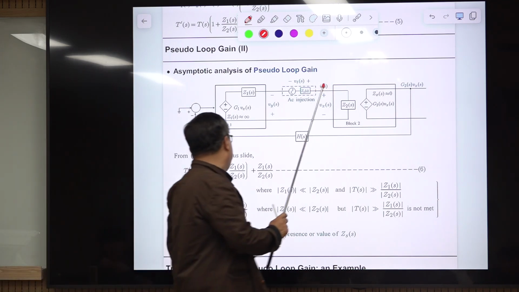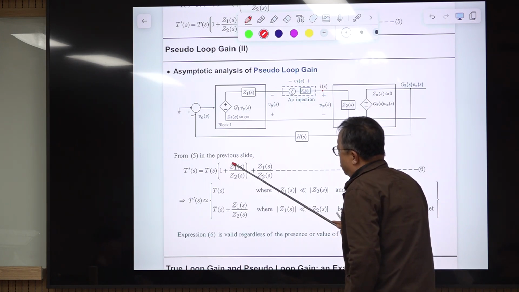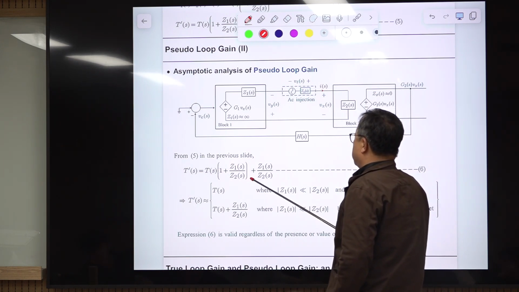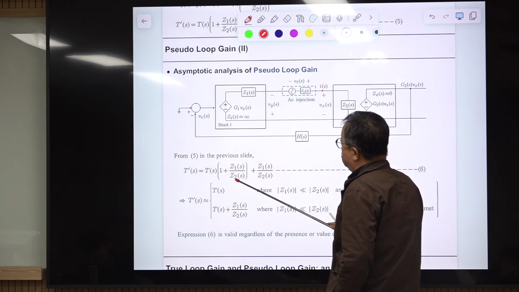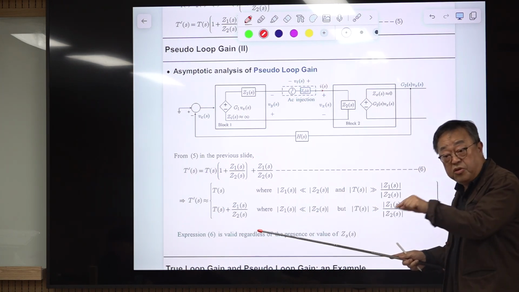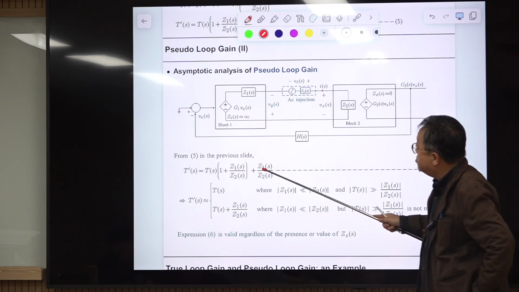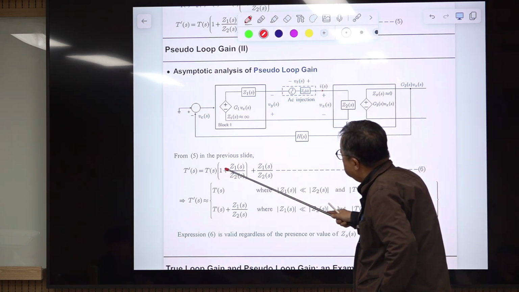When this ratio is much smaller than 1, because G2S is usually much larger than G1S, we select that point as the signal injection point. So this is very small. Then this is ignored.